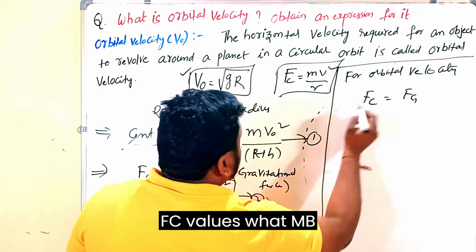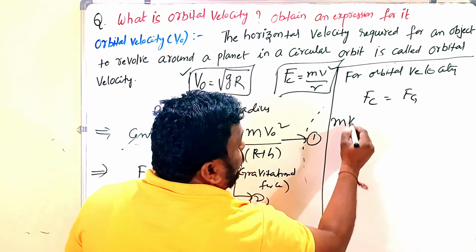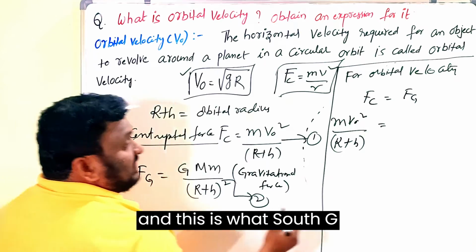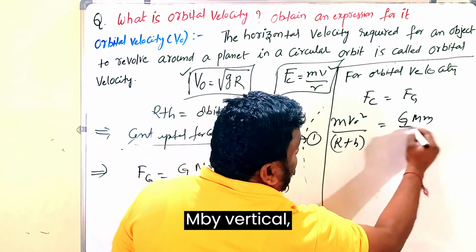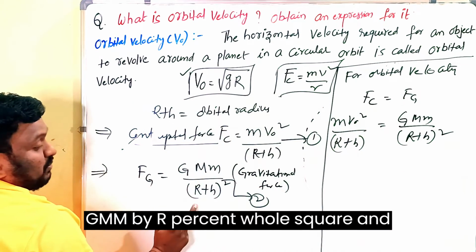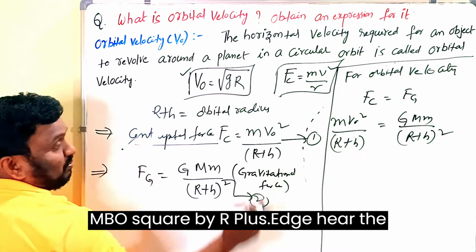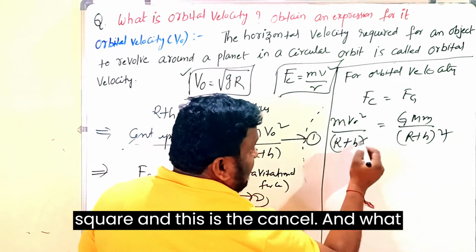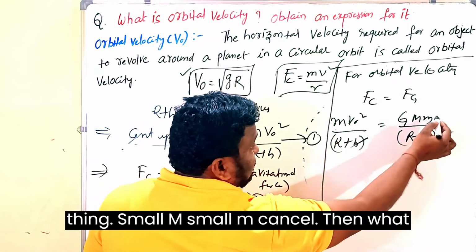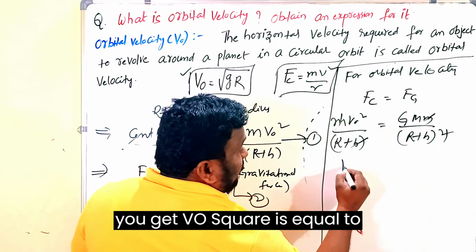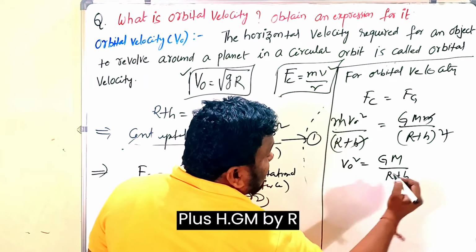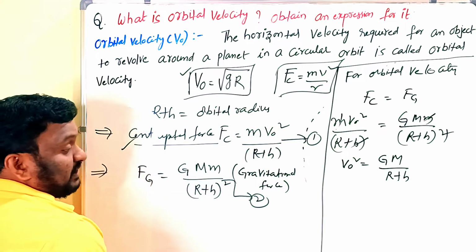So m Vo square by (R plus h) equals G M m by (R plus h) whole square. Here one factor of (R plus h) cancels, and small m, the mass of the body or satellite, cancels on both sides. Then Vo square equals G M by (R plus h).